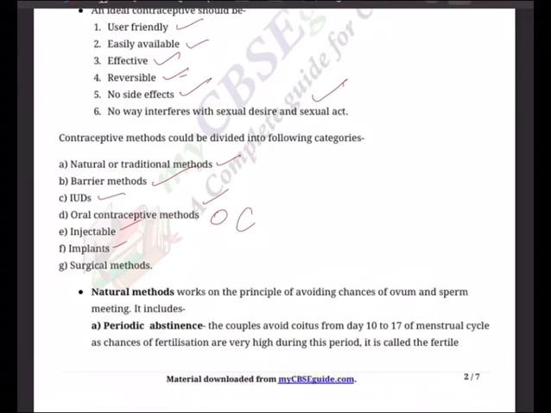Implants, like copper T, and of course, as I said just now, surgical methods, that is tubectomy and vasectomy.